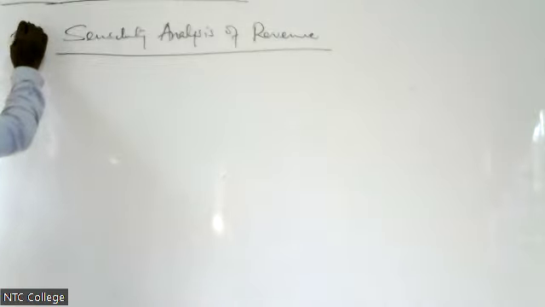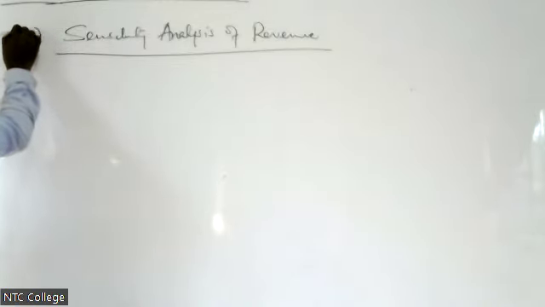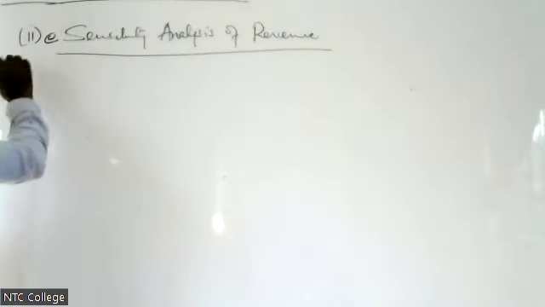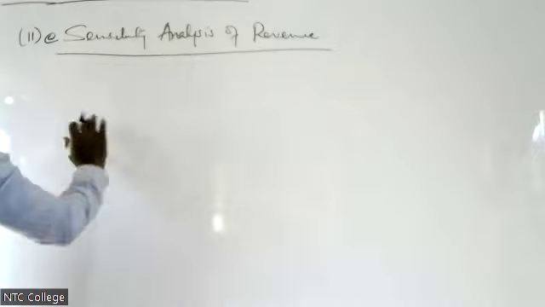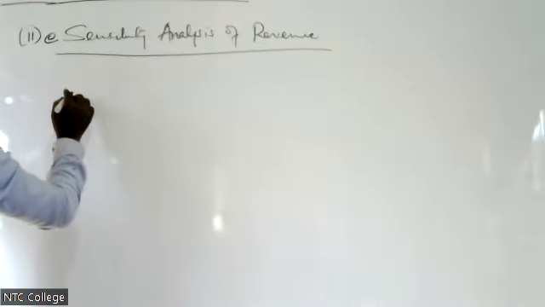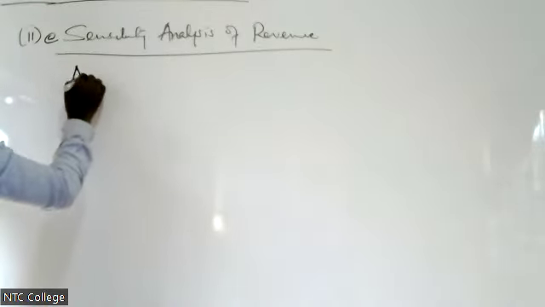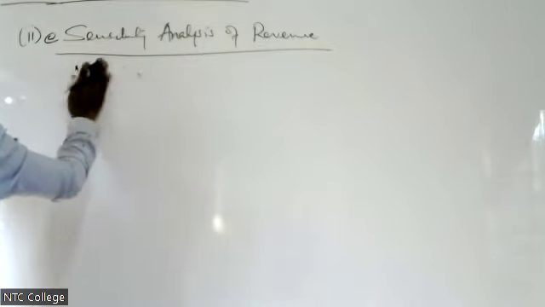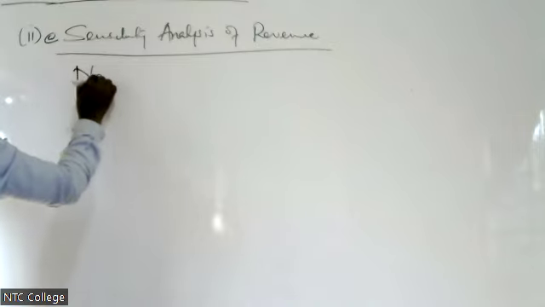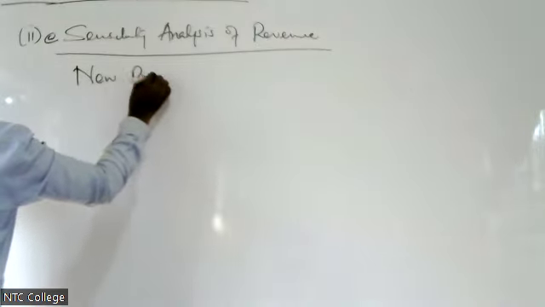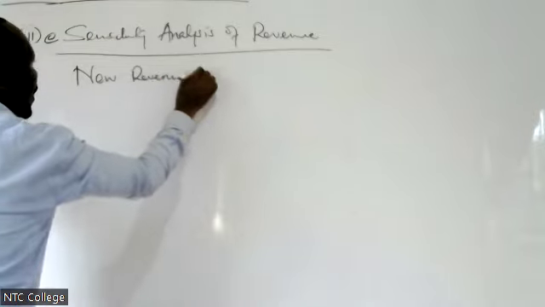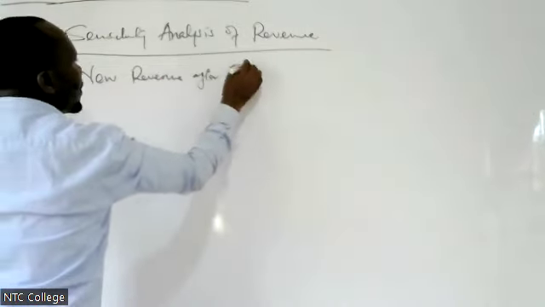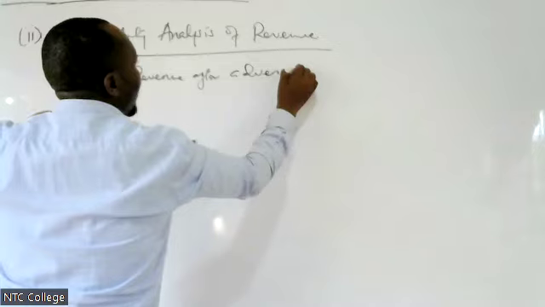That one we are now solving question number 2, Roman 1 or Roman A, because we have revenue and then cost. So you say new revenue after adverse variation.